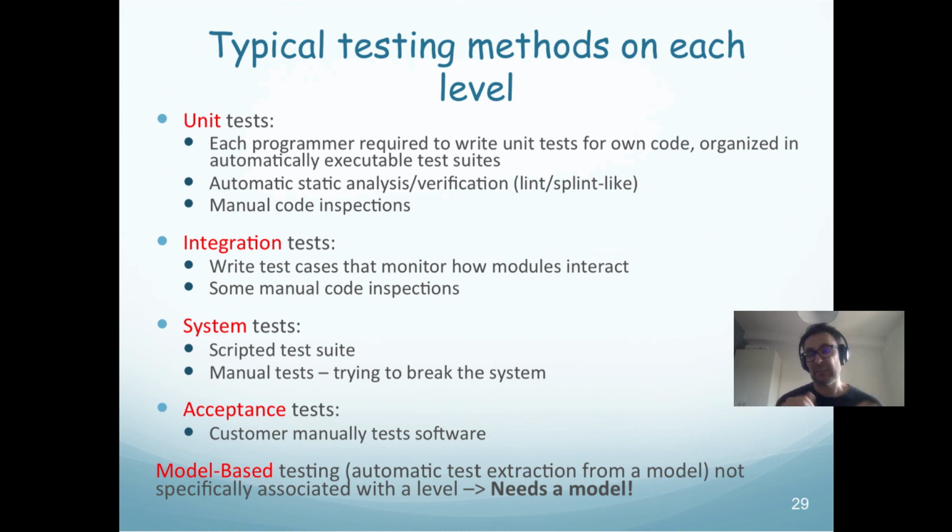Developers on the unit level can also use automatic static analysis tools for verification, like checking that code standards are followed, that there's enough code comments, that variable names are used in the right way, indentation, and so on. And on the unit level, you can also do manual code inspection, so actually reading through the source code, because this is hard to do for large subsystems. Then you have to divide up and do it between you, right?